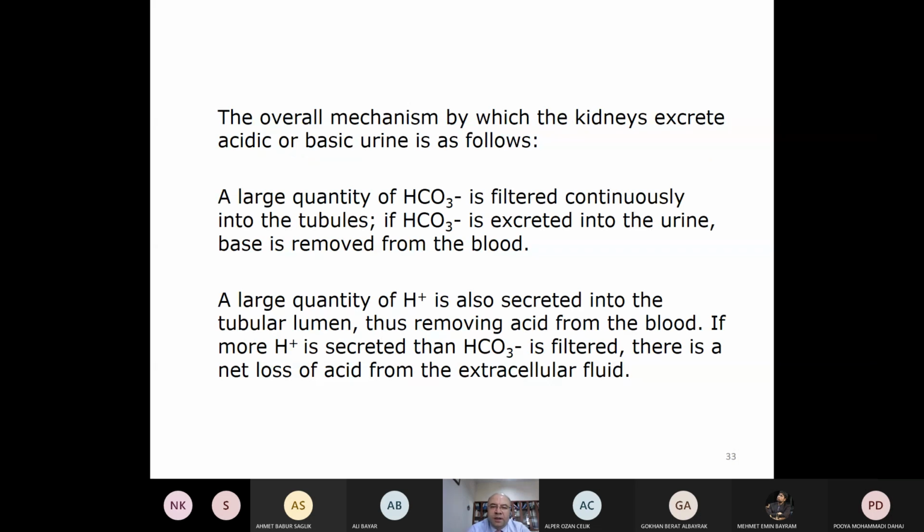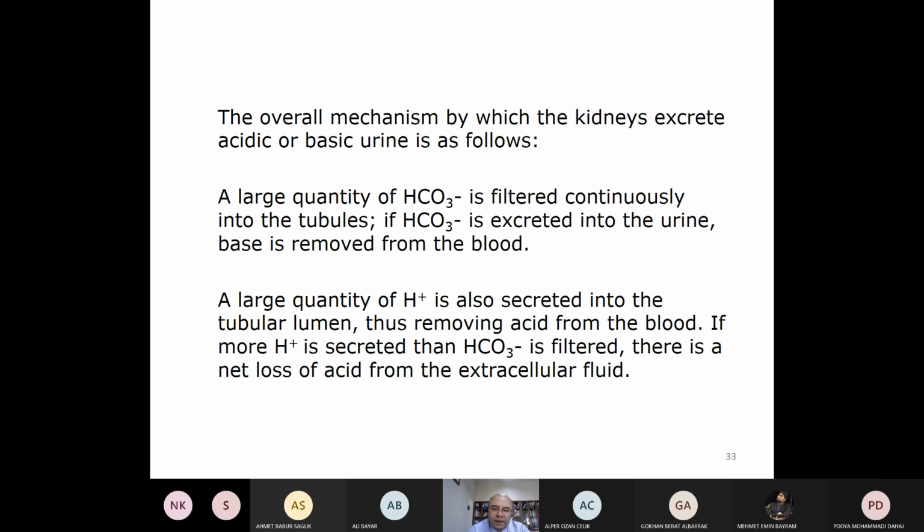Overall mechanism by which kidneys excrete acidic or basic urine is as follows. A large quantity of bicarbonate is filtered continuously into the tubules. If bicarbonate is excreted into the urine, base is removed from the blood, it means. So a large quantity of hydrogen is also secreted into the tubular lumen, thus removing acid from the blood.